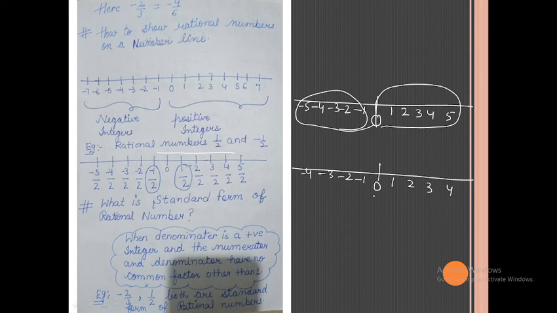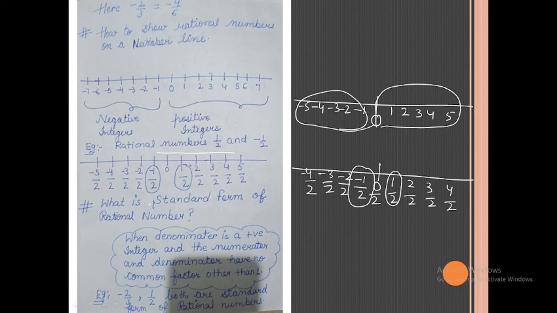Here we divide all numbers taken on the number line by 2. Now you can get minus 1 by 2 on the left side of 0 and plus 1 by 2 on the right side of 0 on the number line.